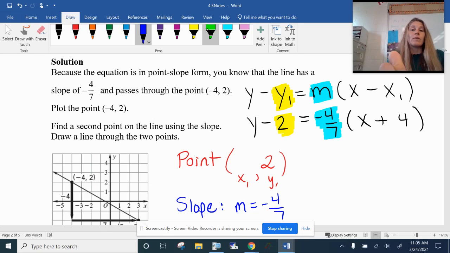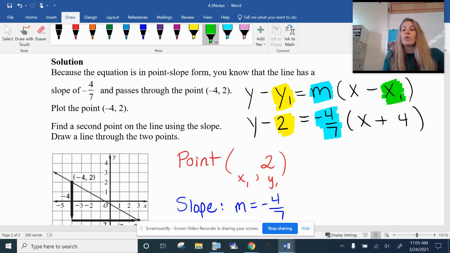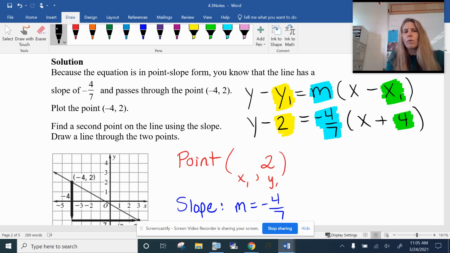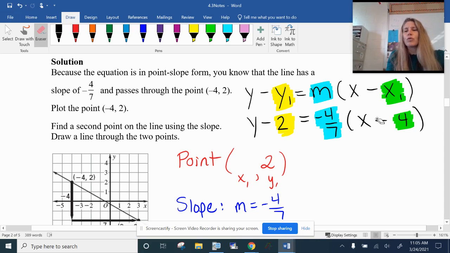The tricky part in this example, though, is this x1. Because notice that my signs are not the same here. So in the formula, I have x minus x1, but in my example, I have x plus 4. So we have to kind of ask ourselves, well, what was being subtracted here?